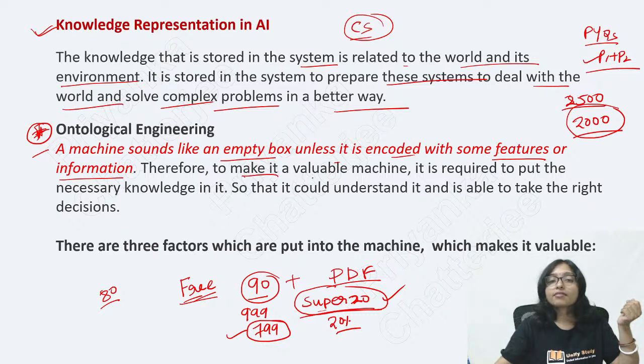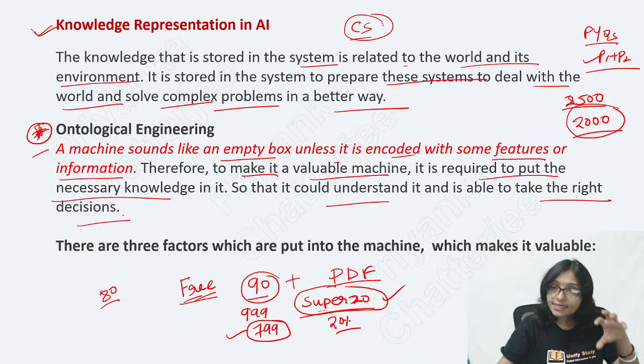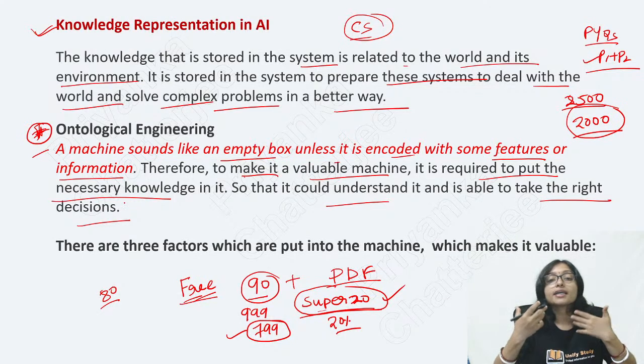Therefore, to make a valuable machine, we have to put in the necessary knowledge so that it can understand and make the right decision. This is called ontological engineering. How you are preparing the machine, how you are feeding the knowledge to the machine, that is called ontological engineering.